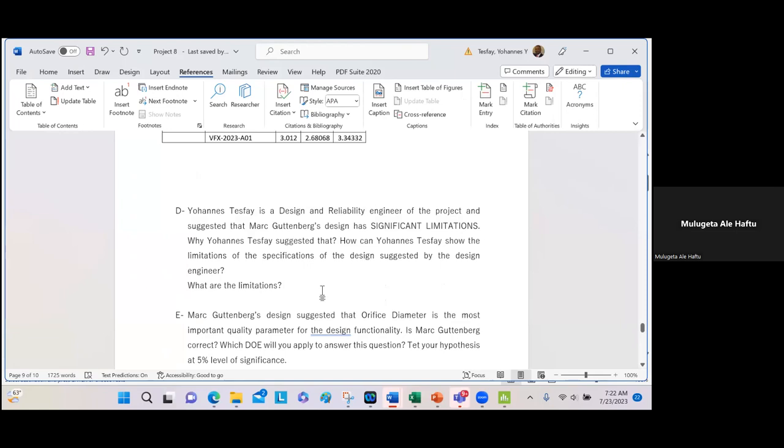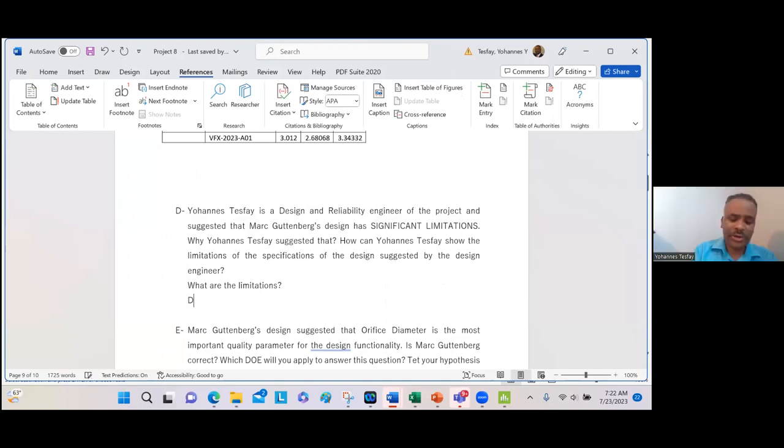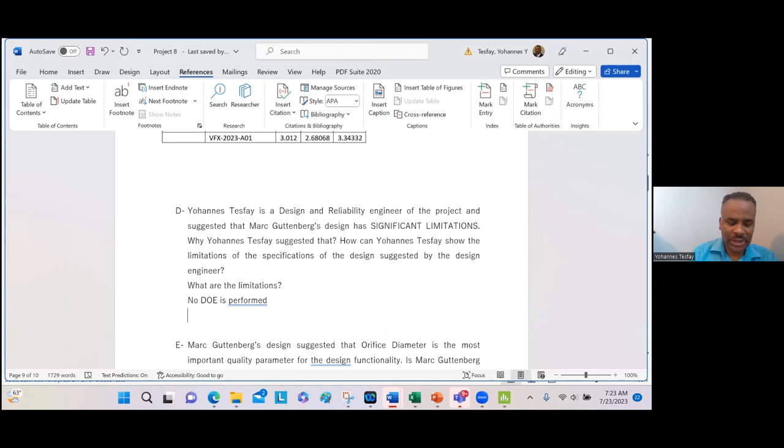Design of experiment must be performed. One is that no DOE is performed. Another is that no optimization method is applied.